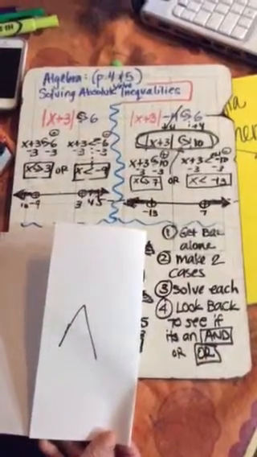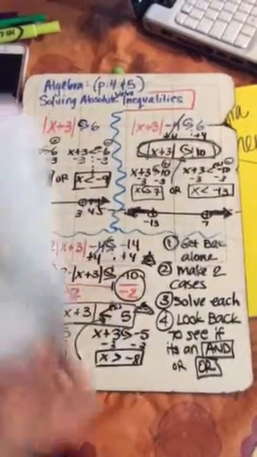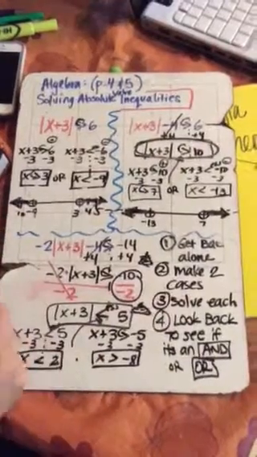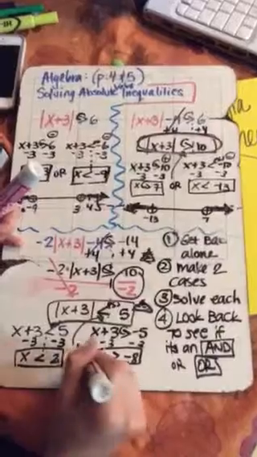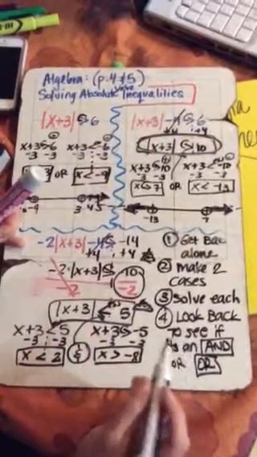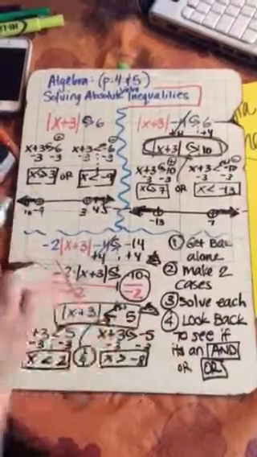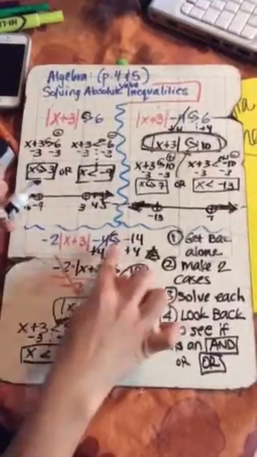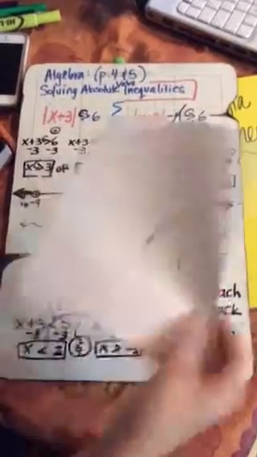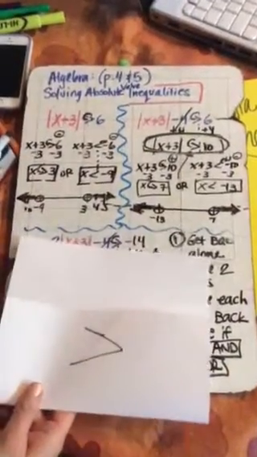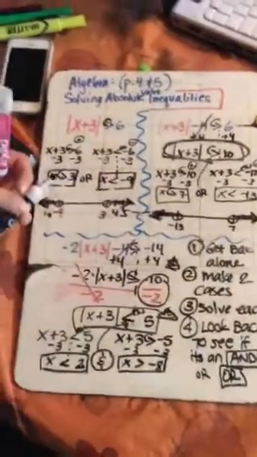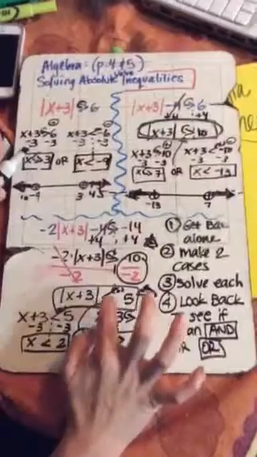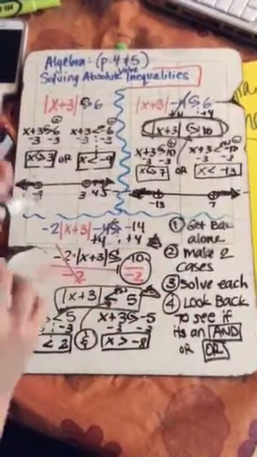And it looks like an A, so this one is actually an AND graph. So it's this inequality and this one. If you were to go back to the top at the original problem, it starts out as a greater than symbol. And when you turn it to the right, it's an OR graph. That's why you don't go to the original problem. You go to where the bars were alone.